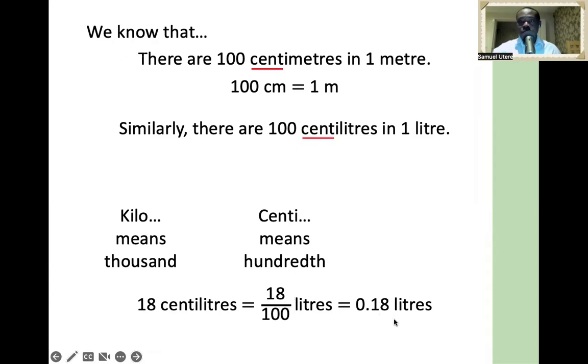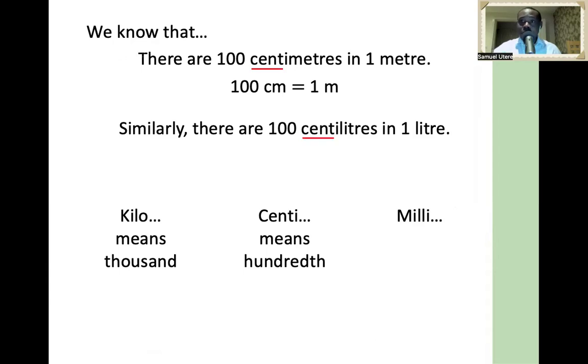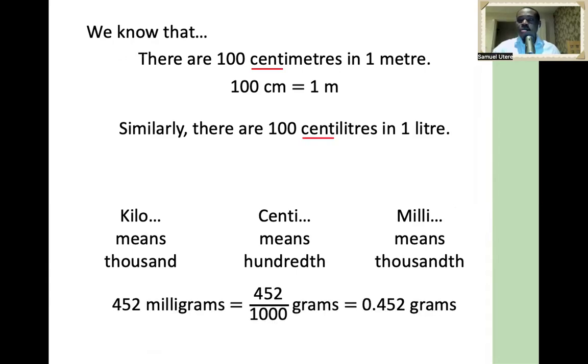That would be 0.18 liters. Milli means thousandth, so 1,000 times smaller. When you hear milli, it means out of 1,000. So, for example, if you see 452 milligrams, it would mean 452 thousandth of a gram. You do that out of 1,000, you write it as a decimal, and then you write gram.